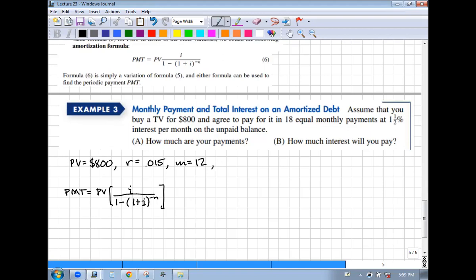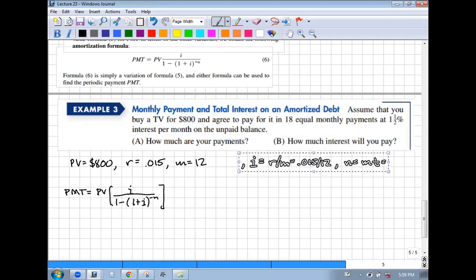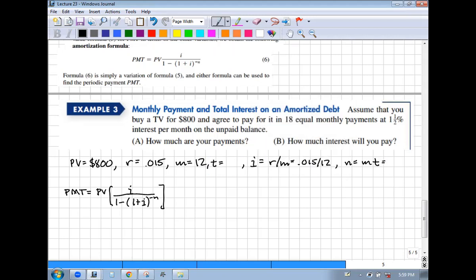That tells us that I, which is R over M, is 0.015 divided by 12. And N, the total number of payments, is payments per year times the number of years. What I forgot to write down was T. If it's 18 months, that's 1.5 years.